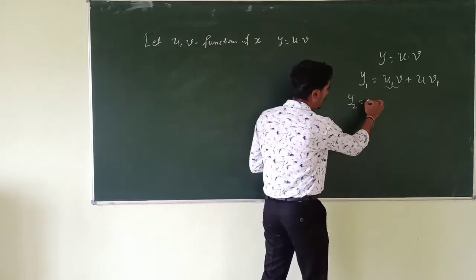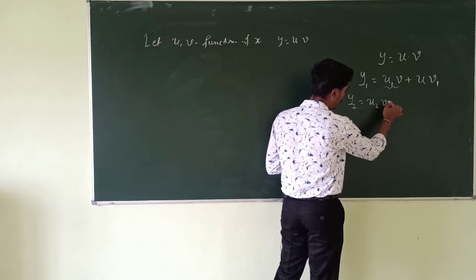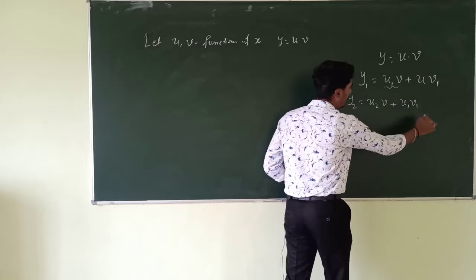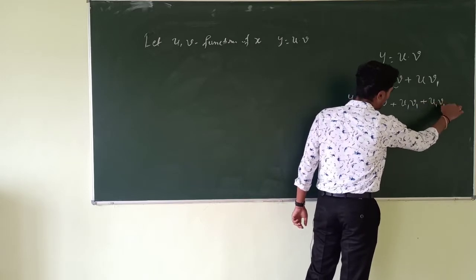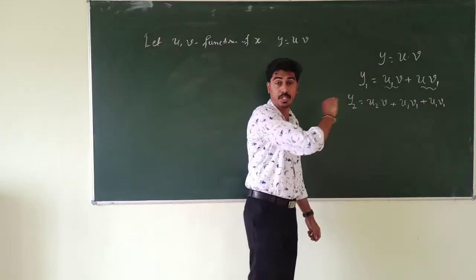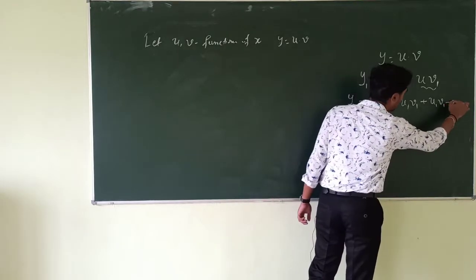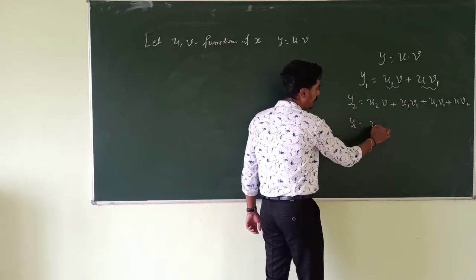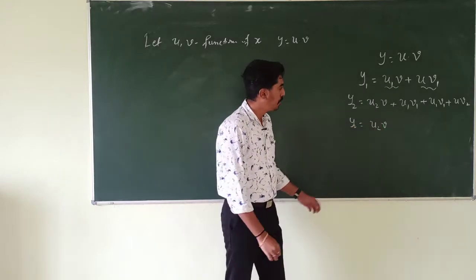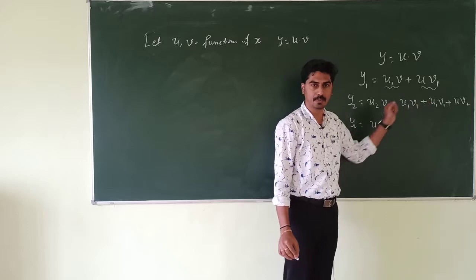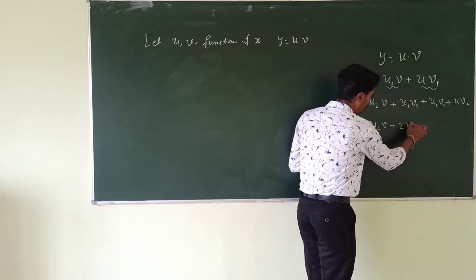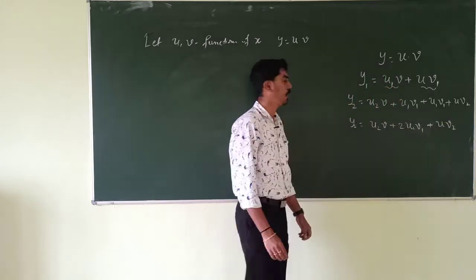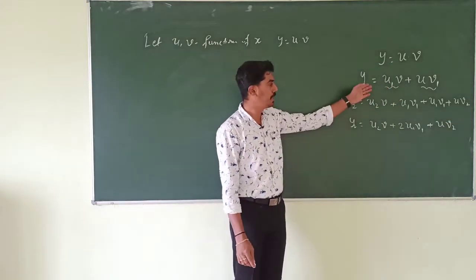We get u2v plus u1v1 plus u1v1, applying the product rule to this term, plus uv2. The two u1v1 terms are like terms, so we get u2v plus 2u1v1 plus uv2.